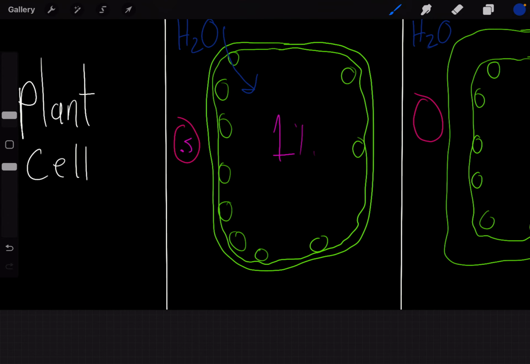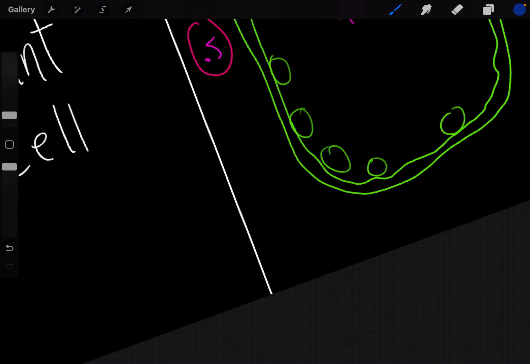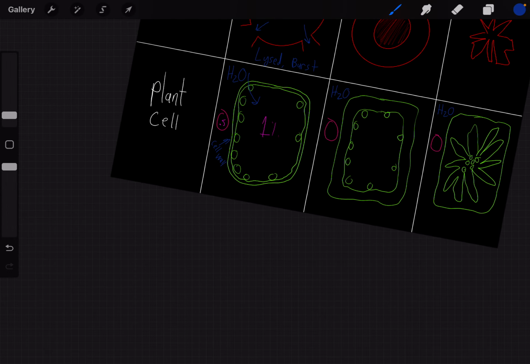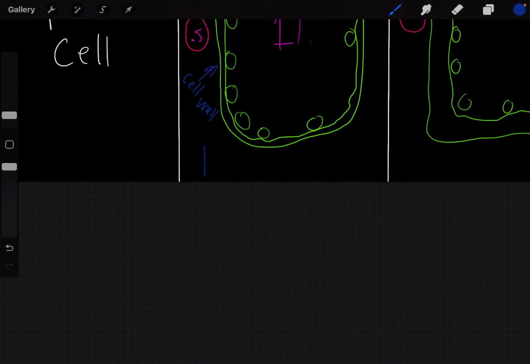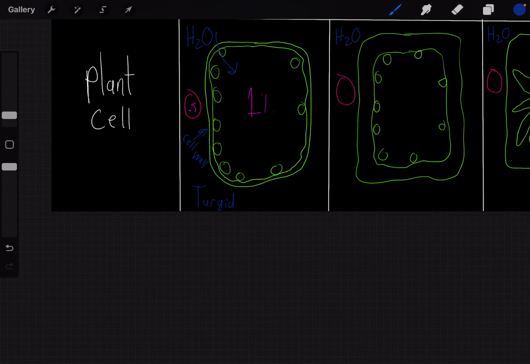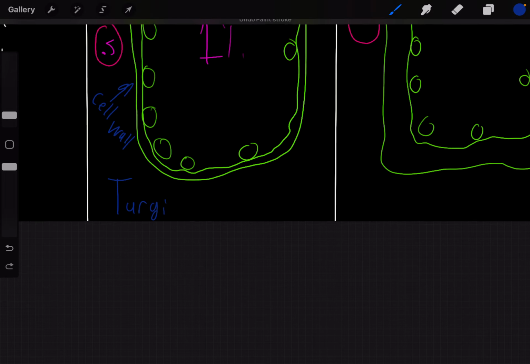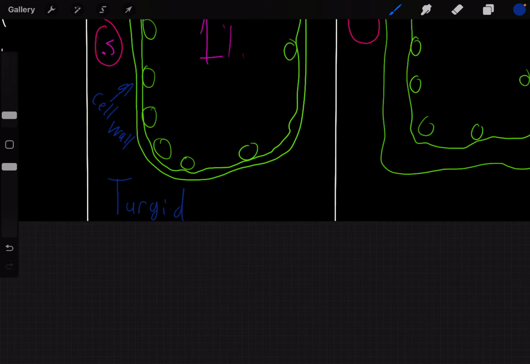But since a plant cell has a cell wall, it does not burst. And this is going to be called turgid. And this is normal for a plant cell.